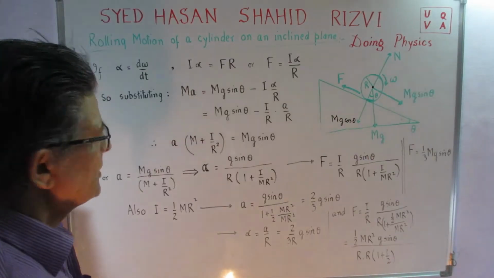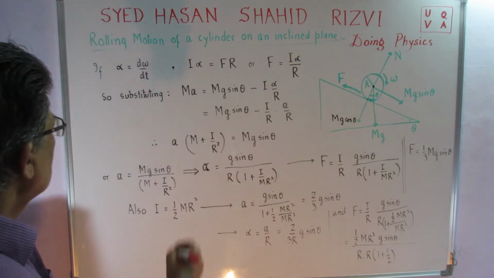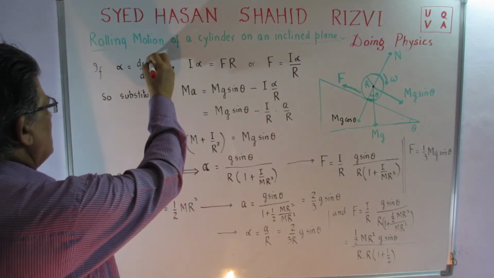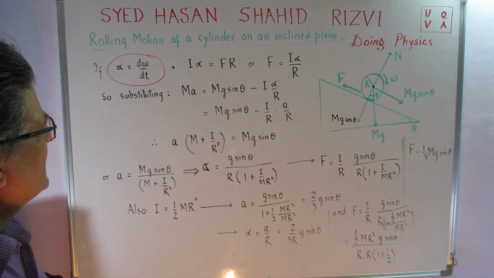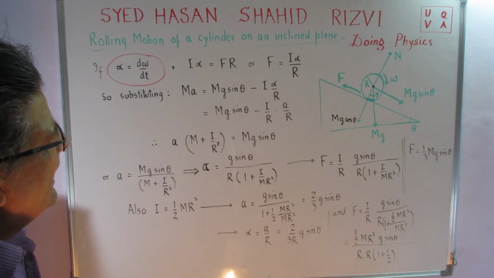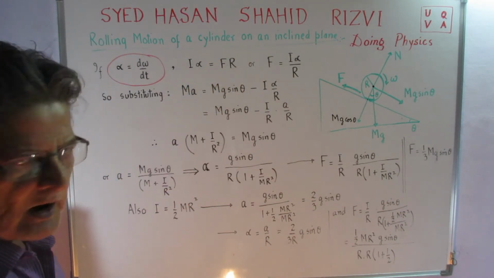So continuing, we know that alpha, the angular acceleration, is defined as d omega over dt, and I alpha is equal to FR.